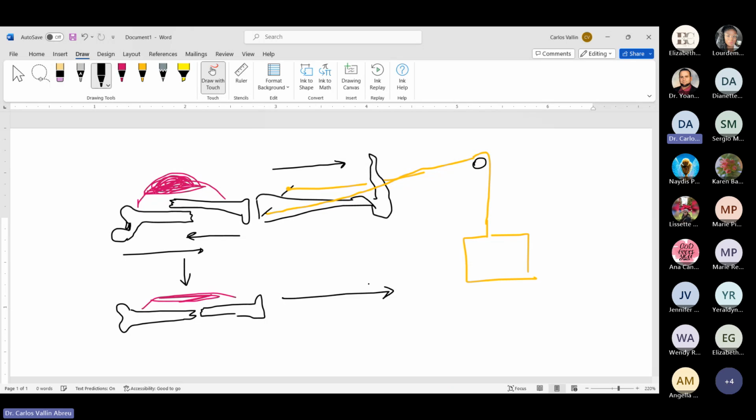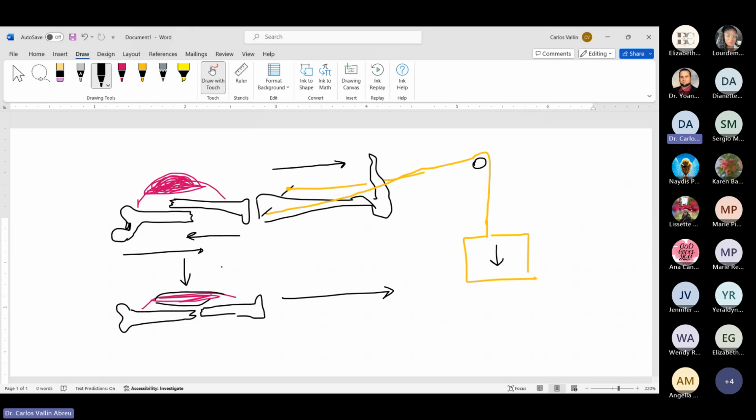So summarizing, what is the purpose of the traction? The purpose of the traction is to overcome the contraction of the muscle, with the weight that is pulling in this direction, in a way that the muscle is going to be stretched and the fragments of the bones that were overlapping are going to be realigned and kept in this position.